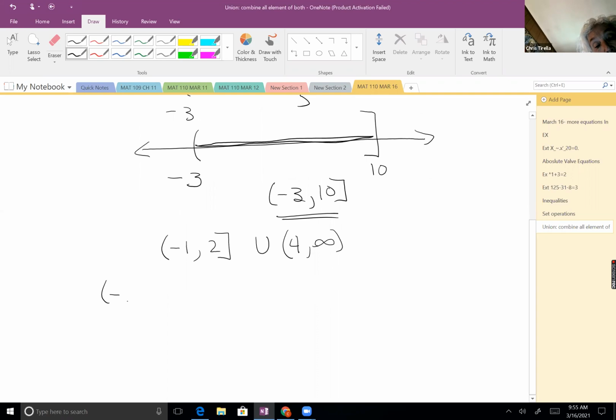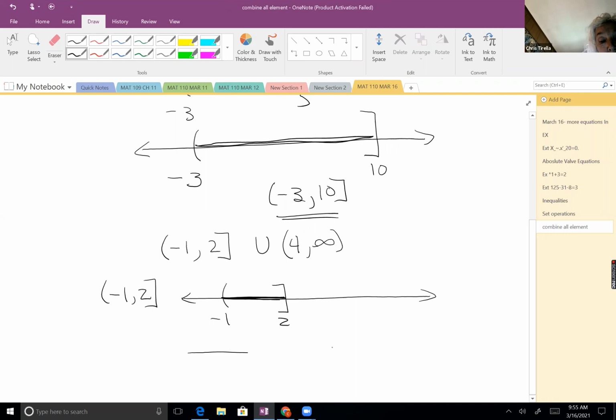If I tried to picture those, the first one starts at -1 and ends at 2, all the values in between. The second one starts at 4 and takes everything to the right.